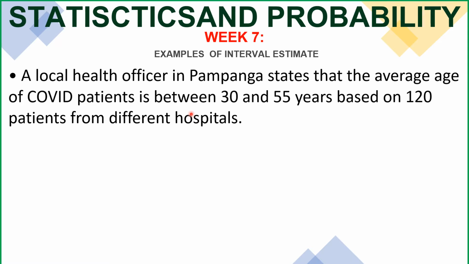Pero, kaya doon yung interval estimate niya is that karamihan sa 120 COVID-19 patients is naglalaro sa age na 30 to 55. So, kung may let's say 19 years old man, baka isa lang siya, ganun. So, mostly is nasa 30 to 55 years old sila.